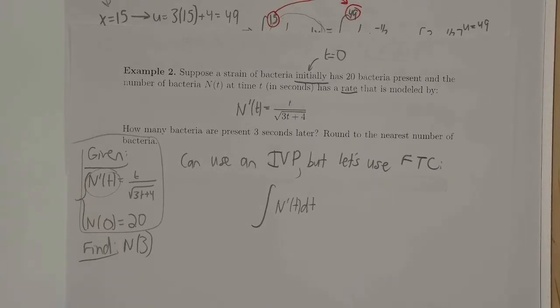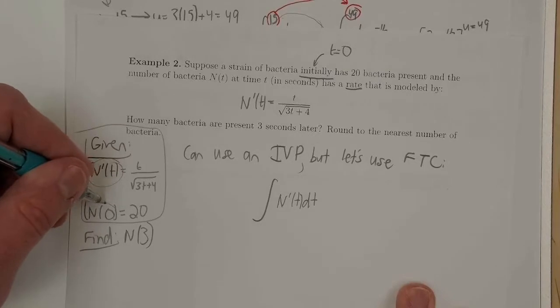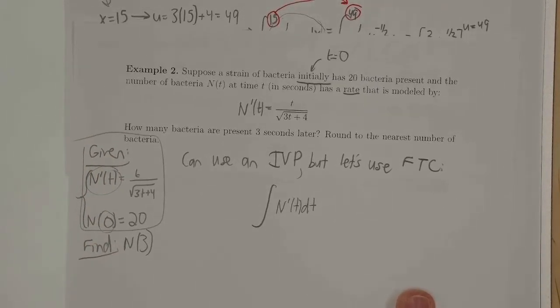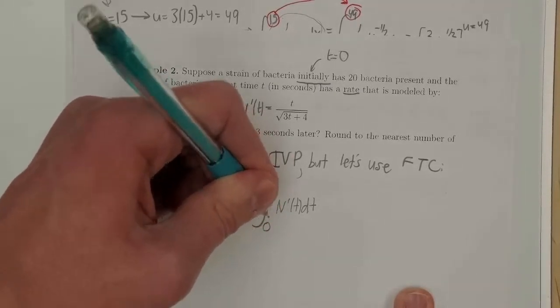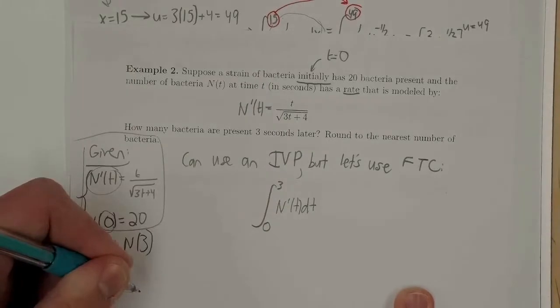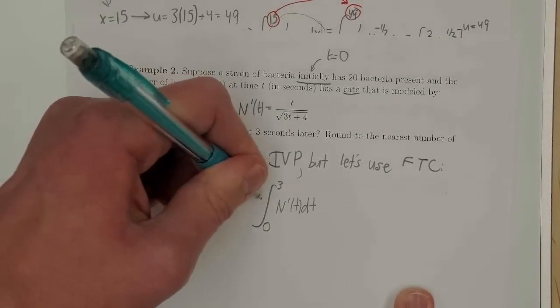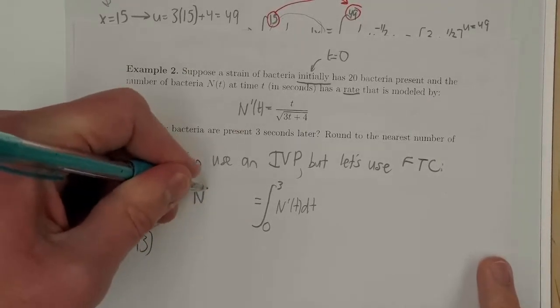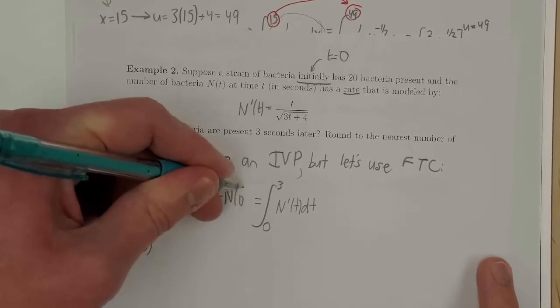But the thing is that we need to be working with the number of bacteria at times 0 and 3. So what we can do instead is work with the times 0 and 3, and say, by the fundamental theorem of calculus, this is just the difference N of 3 minus N of 0, right?